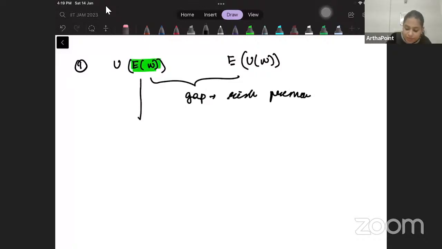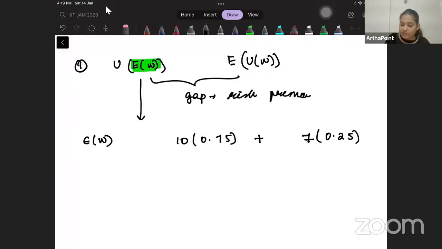So what is expected wealth? Expected wealth is basically the probabilistic wealth. So EW, dekho, either I am getting 10 lakh or 7 lakh. 10 lakh ka probability was 0.75. 7 lakh ka probability was 0.25. This is my expected wealth.